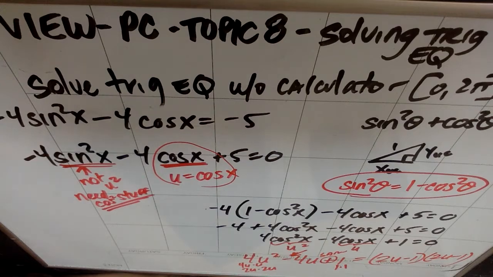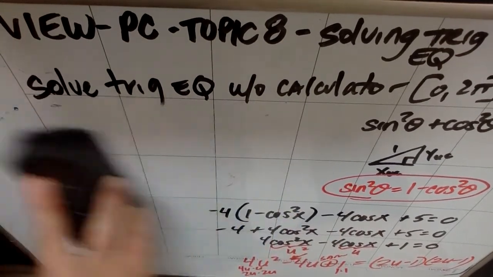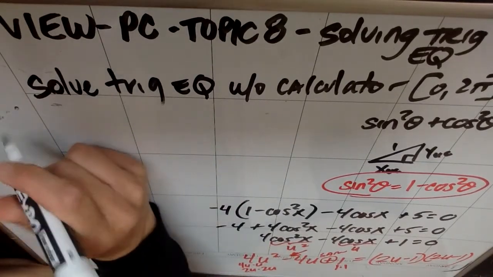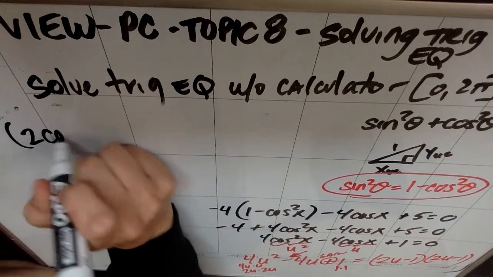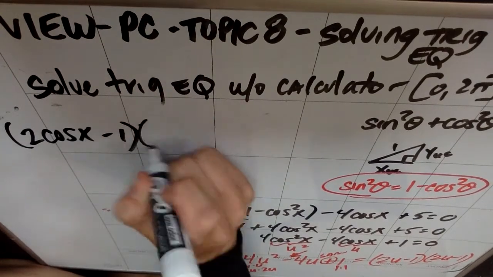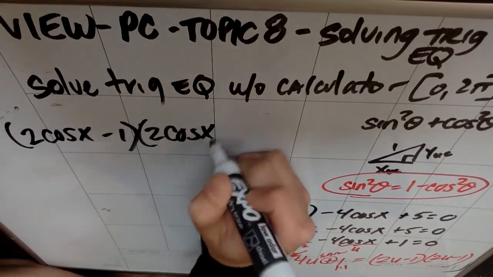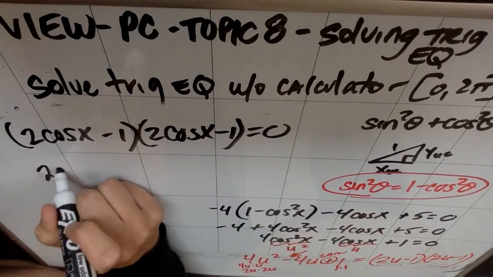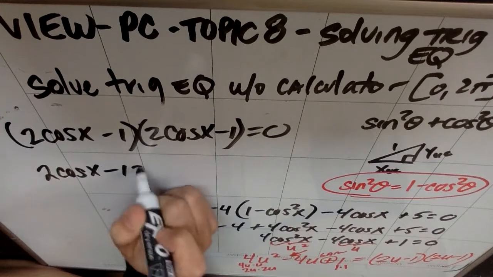So let me give myself a little bit of space. If we come up here, I have this 2u minus 1 times a 2u minus 1, so that's going to be a 2 cosine of x minus 1 times a 2 cosine of x minus 1, and that equals 0. Since they're the same factor, I could set them both equal to 0 separately, but there's not really a whole lot of point.